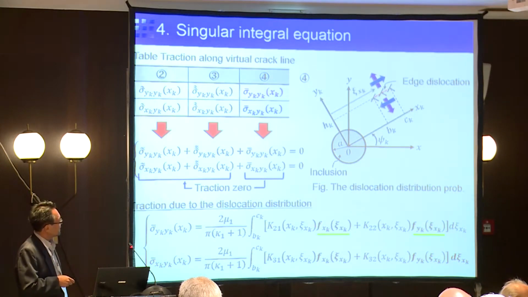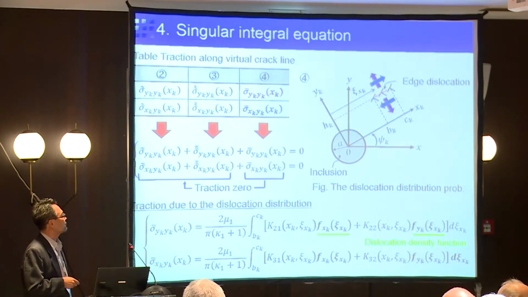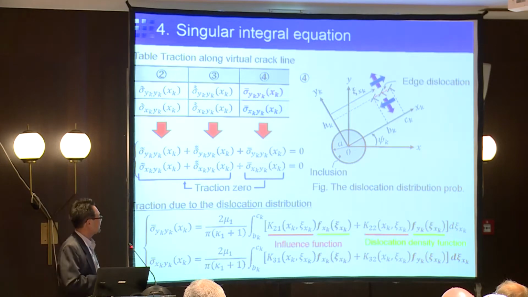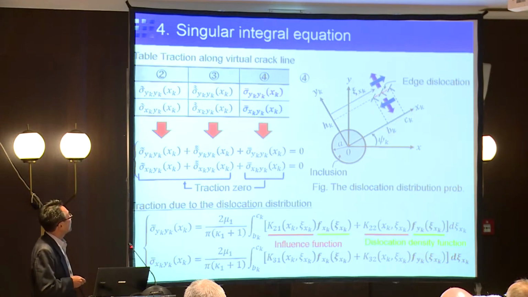Here fxk and fyk are dislocation density functions, and also k1, k2, k31, and k32 are influence functions which relate the point xk and the point x psi k as shown here.